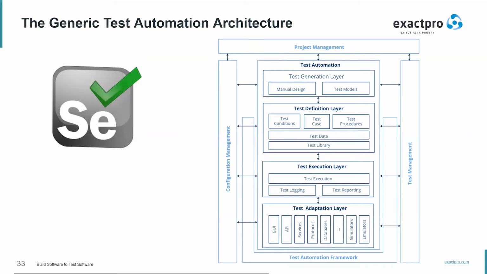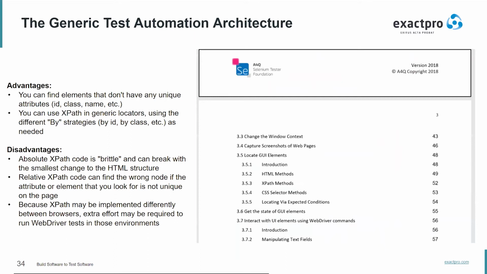The goal of the tool is to make certain actions with certain elements on the page, but first the tool has to find these elements, and there are several methods to do that. There are methods based on HTML, XPath, and CSS. Each of those has, of course, its advantages and disadvantages.